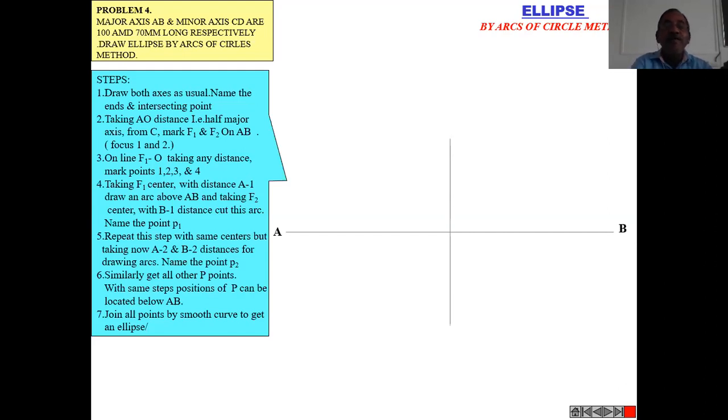Therefore, find the midpoint of AB, let's say O, and through that, draw the minor axis perpendicular to it, such that OC equals OD equals 35, because let us place A, B, C, D symmetrically about that point O.